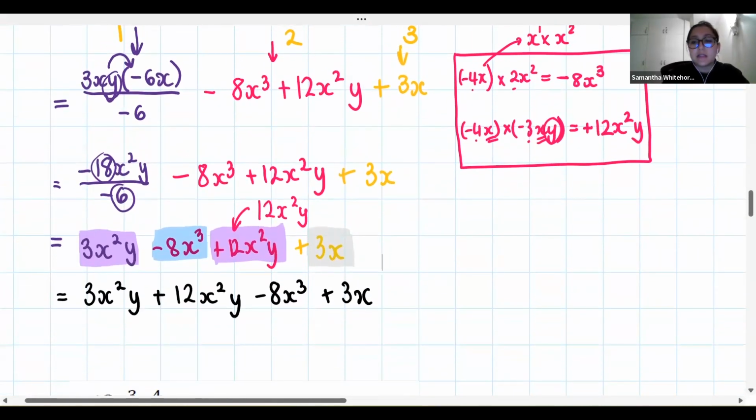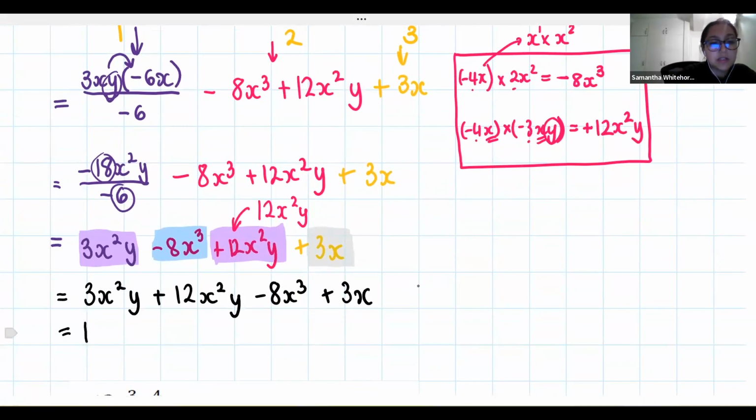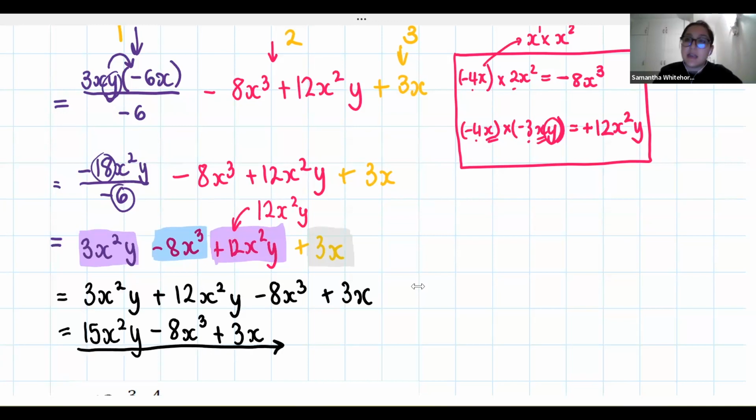And now we add and subtract our like terms. 3x squared y plus 12x squared y gives me 15x squared y. The rest of my terms have no like terms, so they stay exactly as they are. So this is my final simplified answer. I have no more like terms, so it stays as it is.